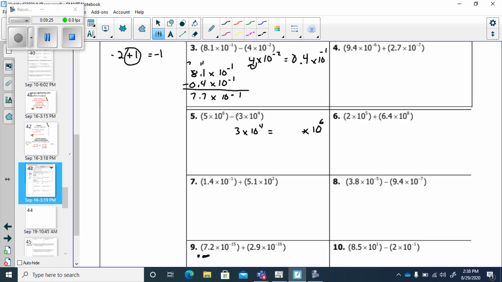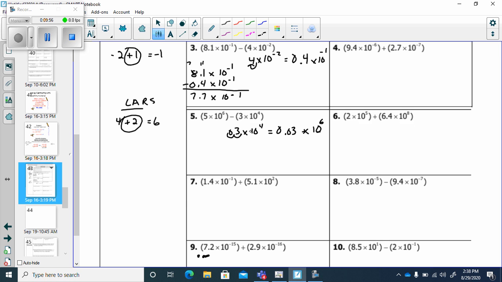To get from 4 to 6, you add 2, right? Lars tells us that if we add, we go left. So I need to move this decimal 2 places to the left. 1, 2, that'd be a 0 there, right? So that would be 0.03 times 10 to the 4th, or 0.03 times 10 to the 6th.